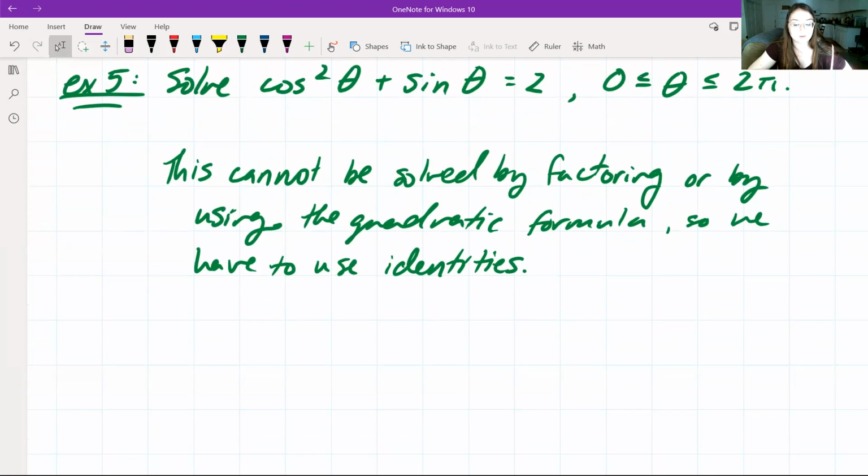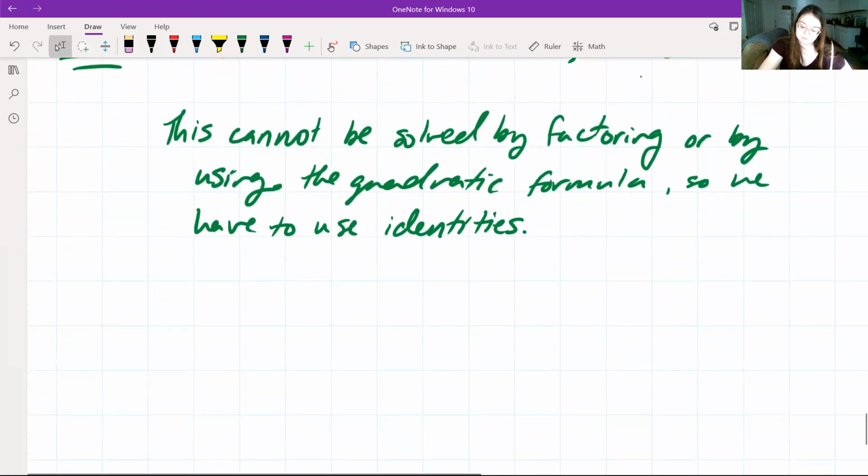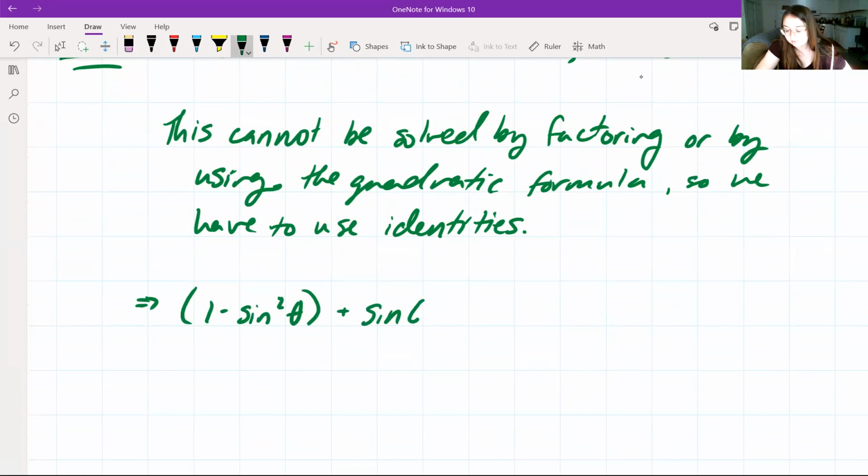We know that cosine squared of theta is equal to 1 minus sine squared of theta. So if we replace this, we end up getting 1 minus sine squared of theta plus sine of theta is equal to 2. So now we can try and simplify this and solve for sine of theta.